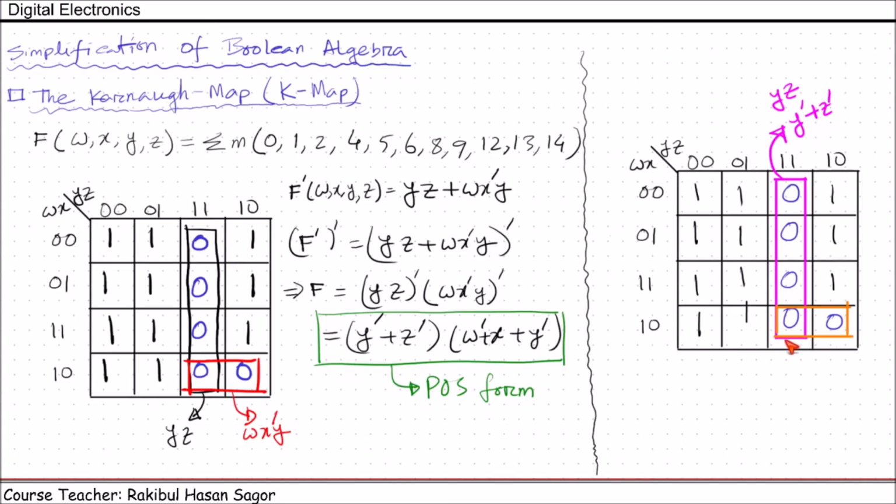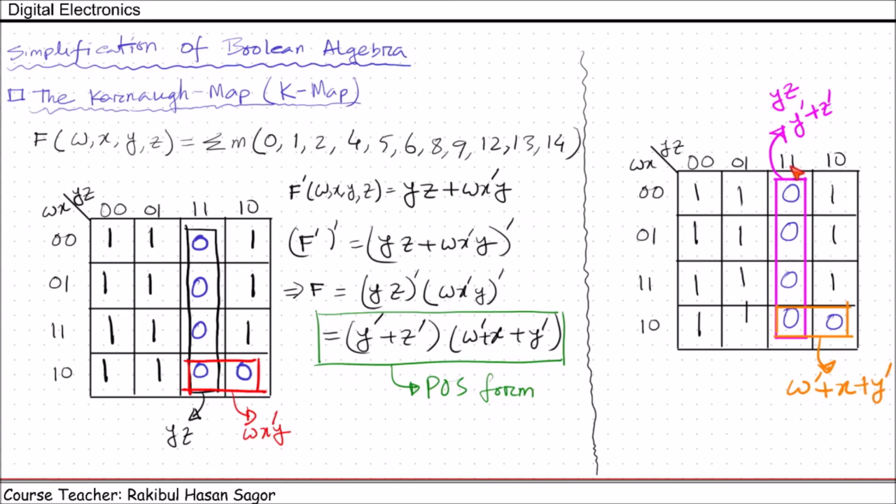Now again, the name of this orange box in product form, we know this is wx prime y, so I'm not writing it here. And the name of this same box in sum form, we have w equals 1, so we'll write w prime. X equals 0, so we'll write plus x, and we have y equals 1, so we'll write y prime.